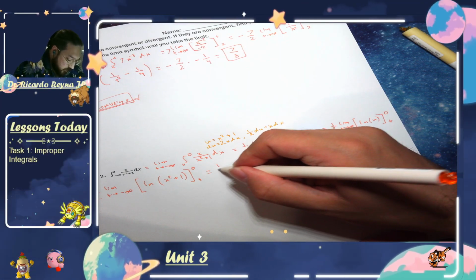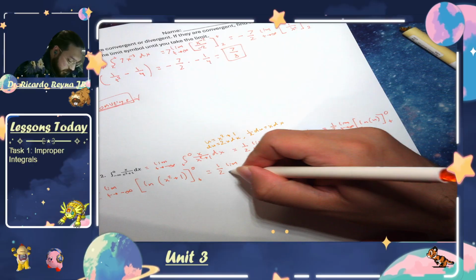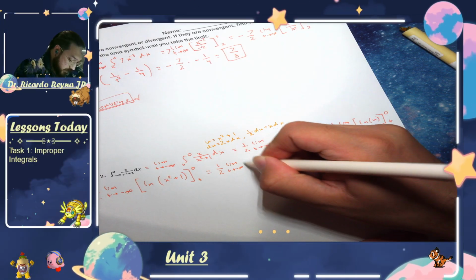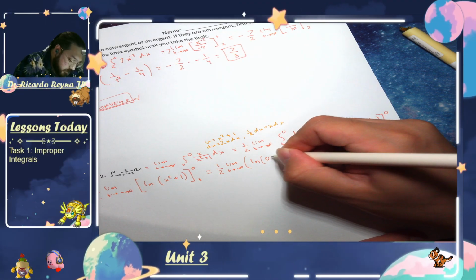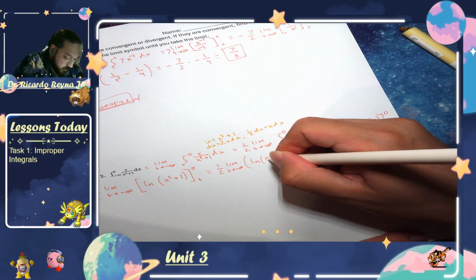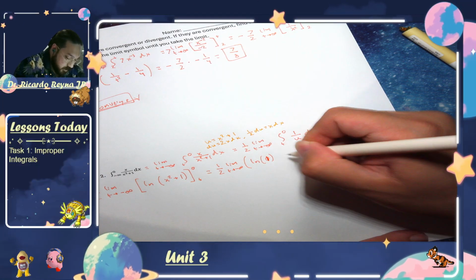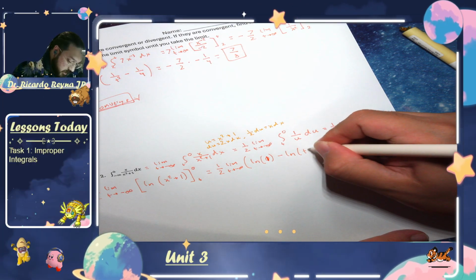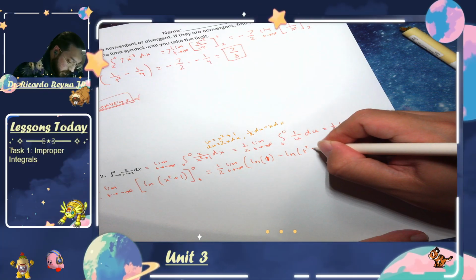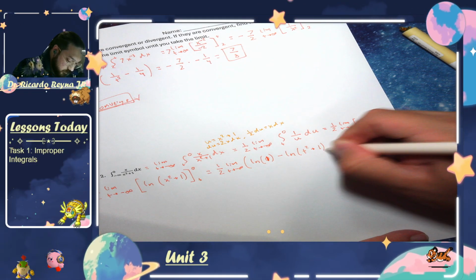So plugging them both in, now getting closer to actually using the limit part of this, we get ln of 0 plus 1, which I'm just going to write as 1 already. And then minus ln of t squared plus 1.